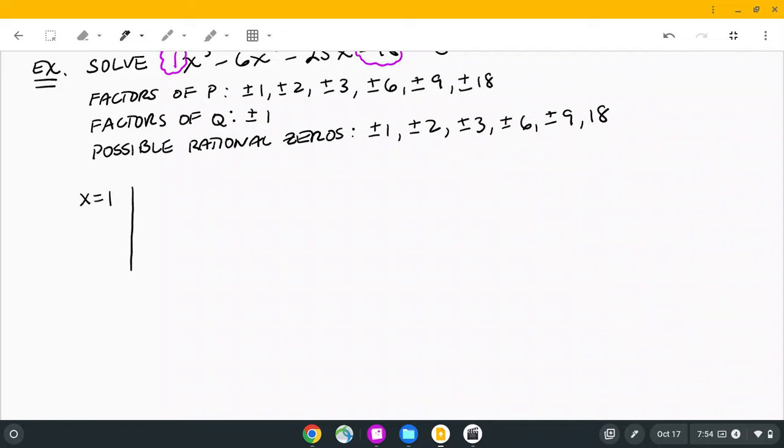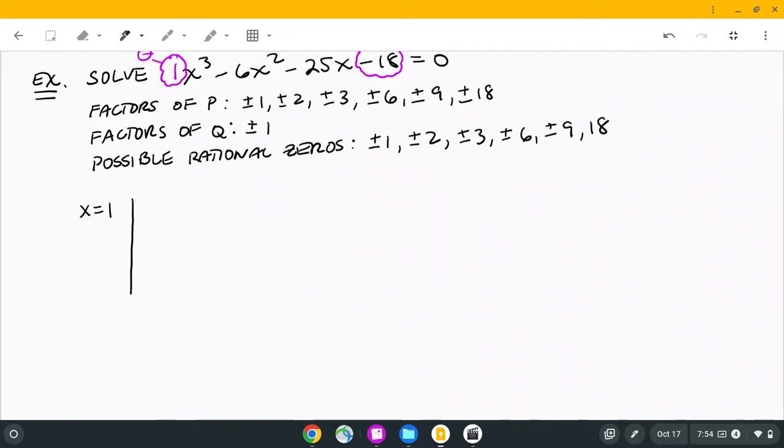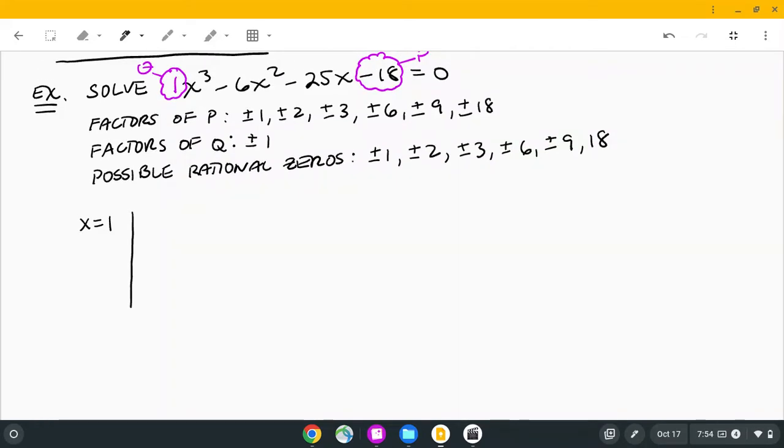So we want to know, is this a solution, a 0, a rational root? Okay. All right, so we have 1, and I don't have anything missing here, so my coefficients are going to be 1, -6, -25, -18.